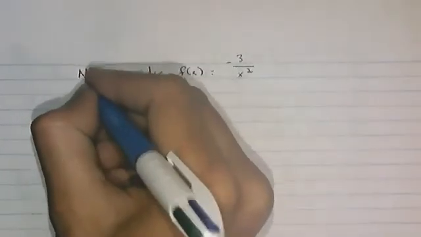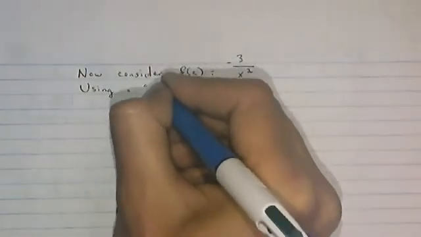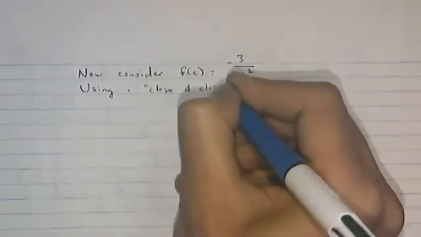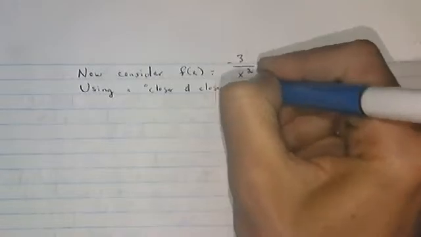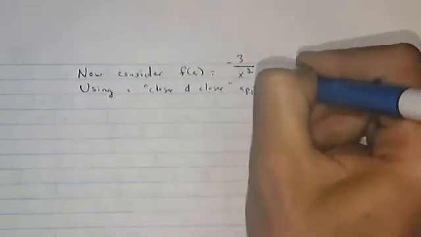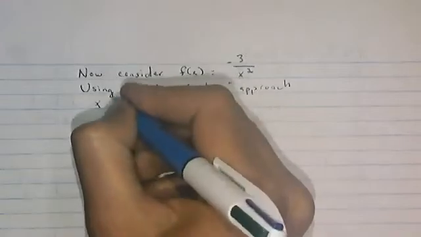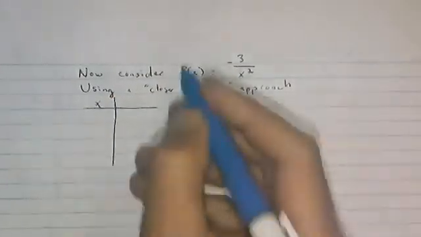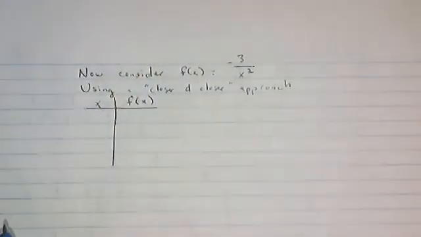Using our tried and true closer and closer, use the same table values and see what happens. I just told you what happens. It's going to give us all the opposite function values.